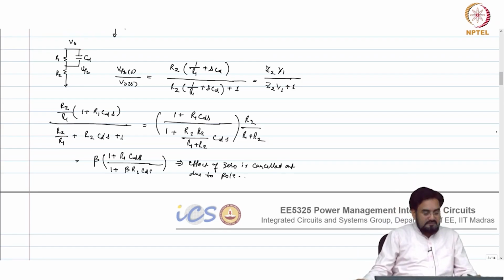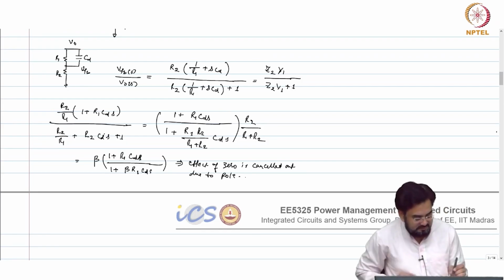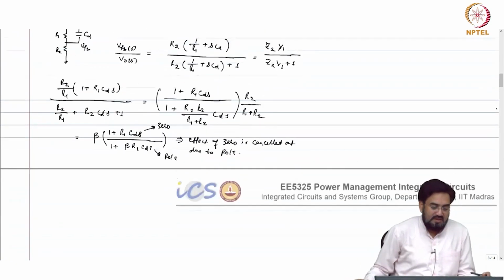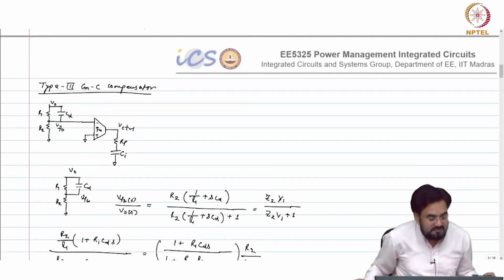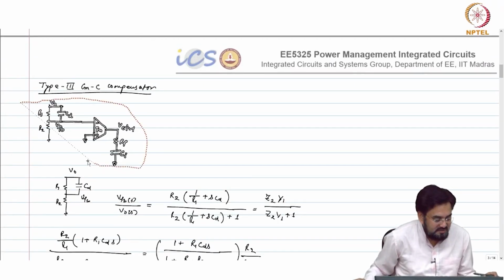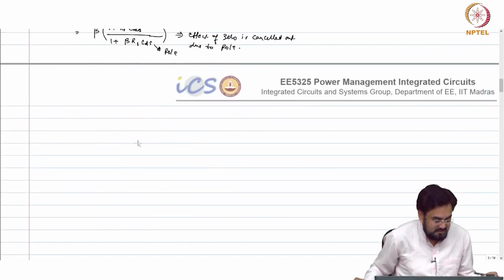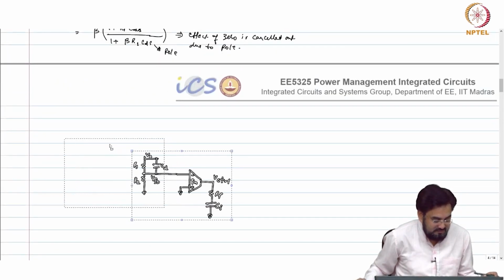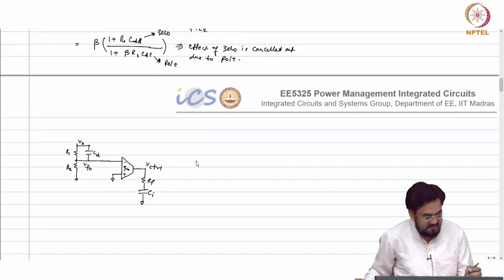So this is your 0 and this is your pole. So what do I need to do? Which means this is not the correct way. I need to modify this.